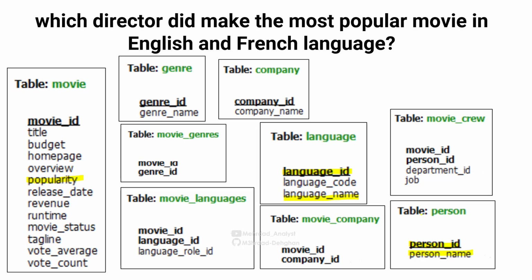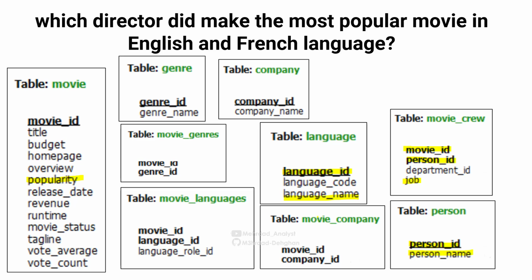So, but the person is joined with table of movie based on the movie crew. So I need movie crew, movie ID from this table, person ID from this table, and the job, because it's about the director. We should capture the director. But about the person we have, and about the movie language.